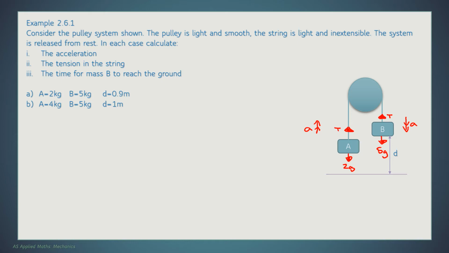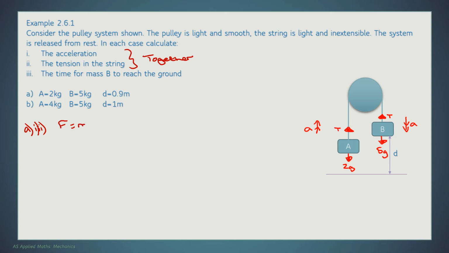So if we have a look at part A, I'm going to do parts 1 and 2 together. You can do this as a whole system, just using F equals ma as one system, but to keep in keeping with what we've looked at previously, I'm going to do it as two separate F equals ma.